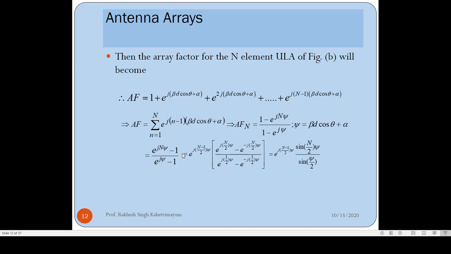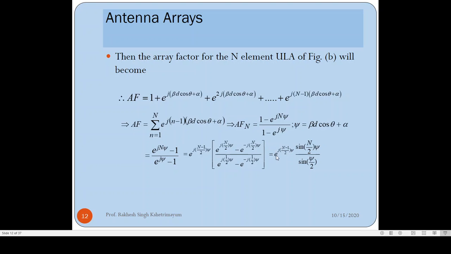So what common you are taking is exponential j (N minus 1) by 2 psi. The numerator will become this, the denominator will become this. This looks like your sine function. So this will become sine of N by 2 psi, and this will become sine of psi by 2. So now we have the array factor as sine of N by 2 psi divided by sine of psi by 2.